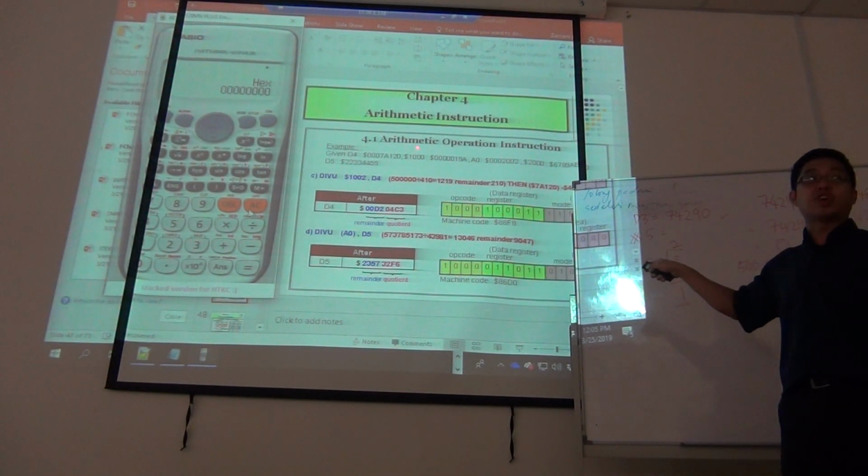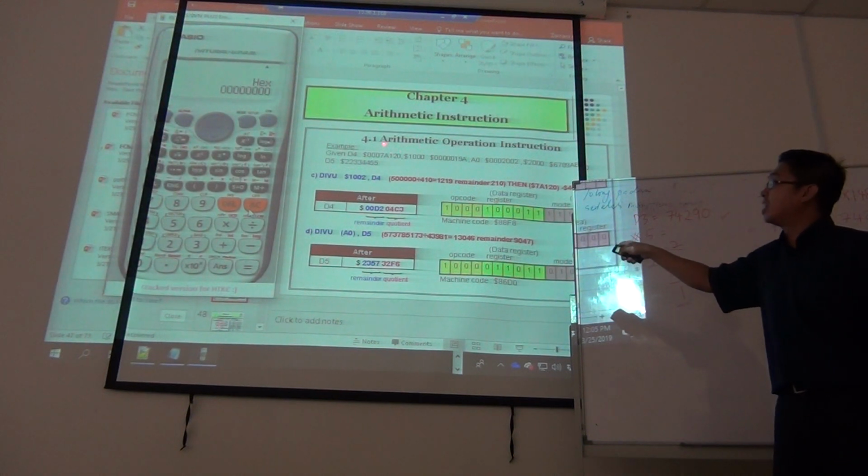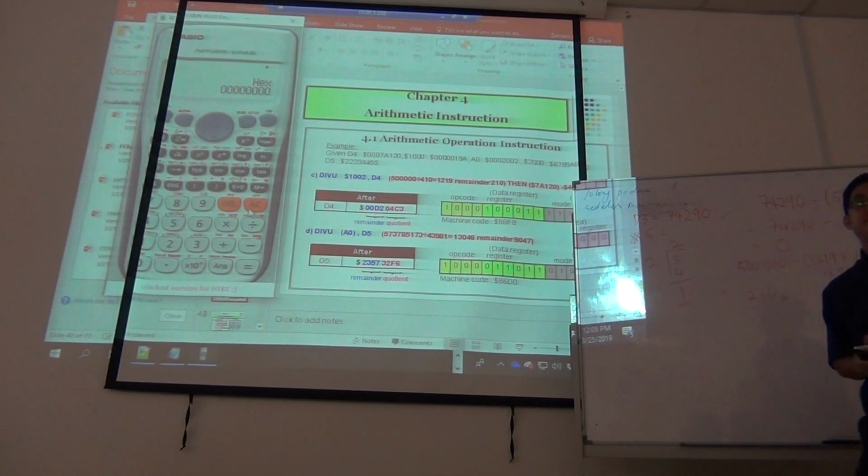You just use your calculator in hexa, this number divided by this number.